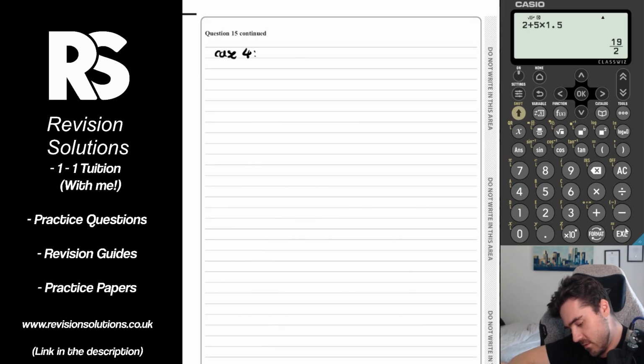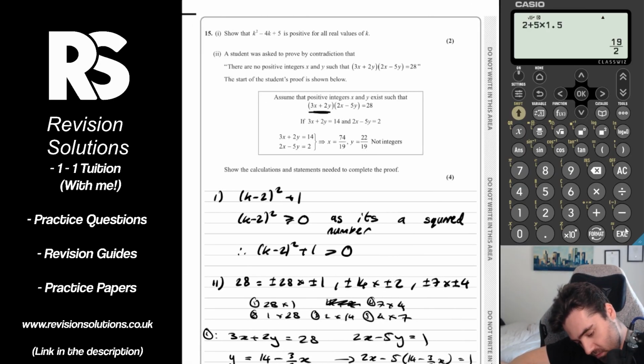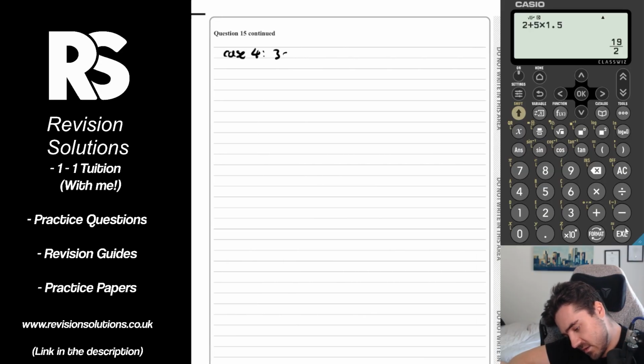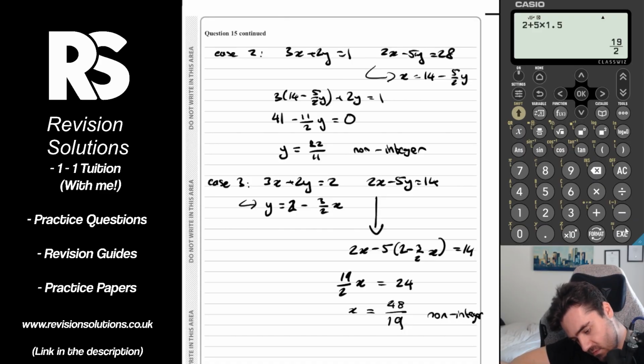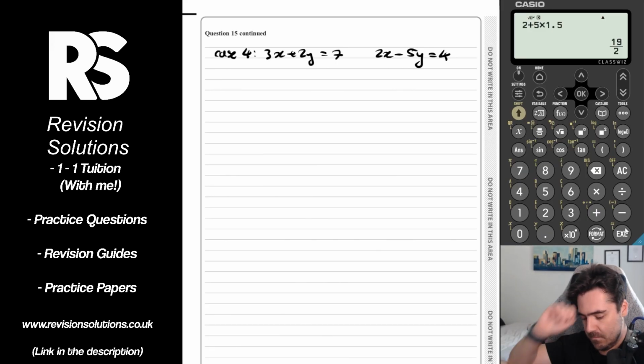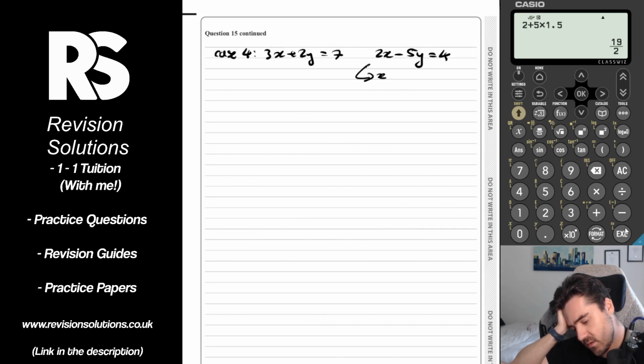Case 4. That was going to be 7 and 4. So we'd have 3x plus 2y equals 7, and 2x minus 5y equals 4. Solving this, how would I go about that? I think I'll rearrange this guy for x. So we'd have x is 2 plus 5 over 2y.